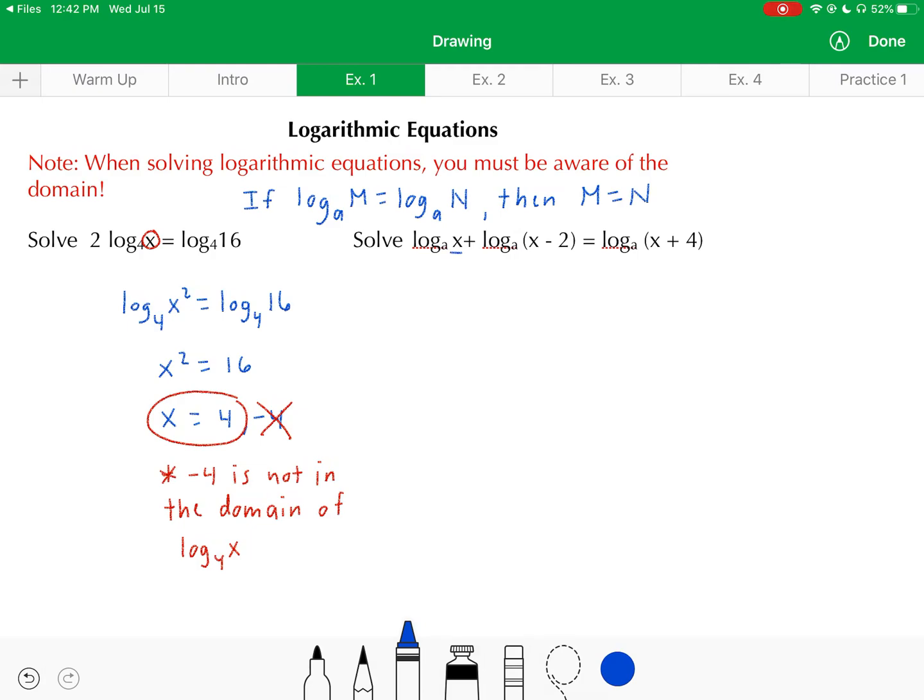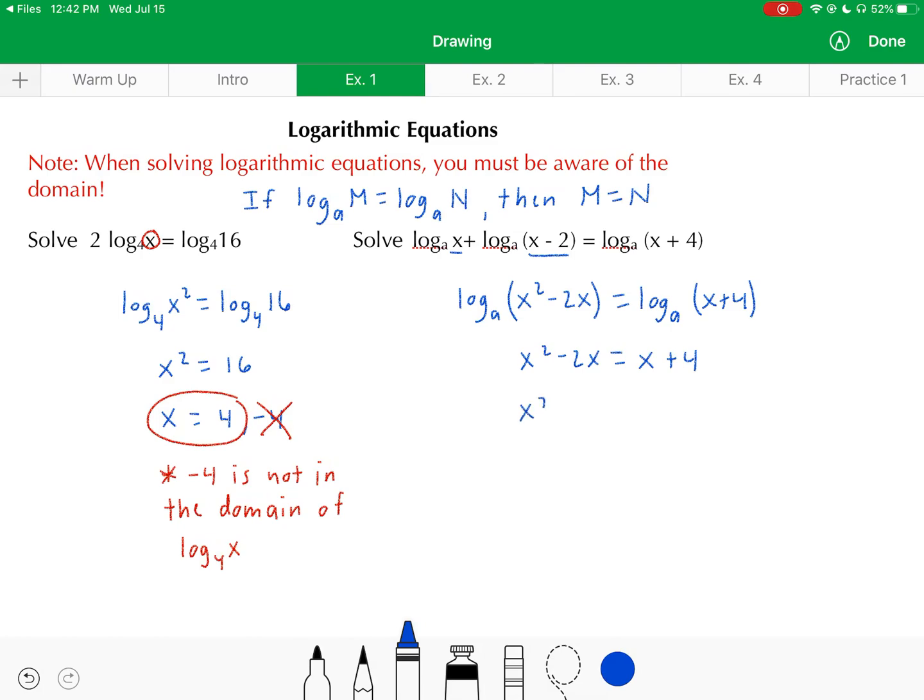I can take these arguments of x and x minus 2 and I can multiply them together. So I end up with log base a of x squared minus 2x equals log base a of x plus 4. Now I'm able to use that equality property of logarithms.